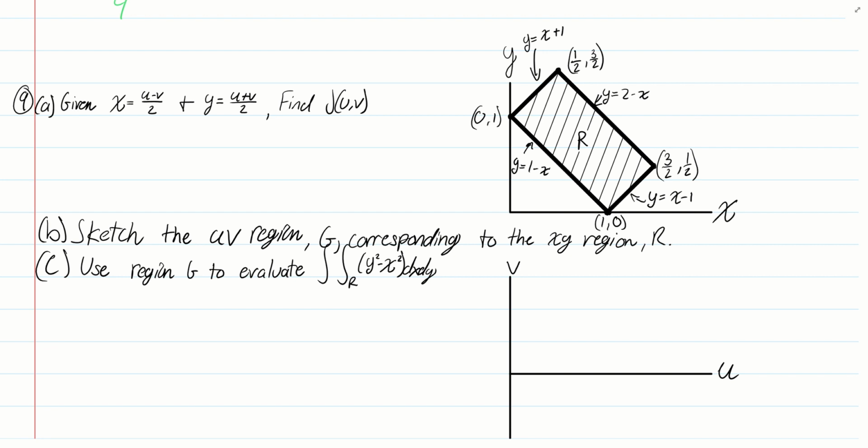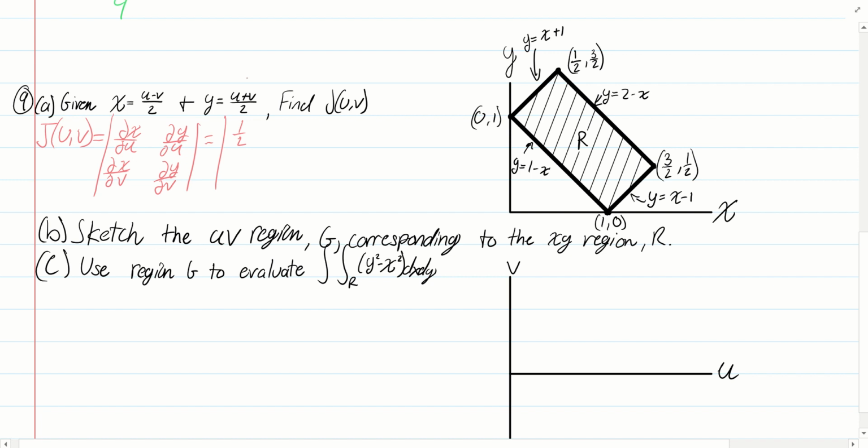So the Jacobian J(u,v) is going to equal, I always include, the partial of x with respect to u, partial of y with respect to u, partial of x with respect to v, partial of y with respect to v. Make sure you put these absolute value bars, which mean that you're finding the determinant. So the partial of x with respect to u is going to be 1/2.